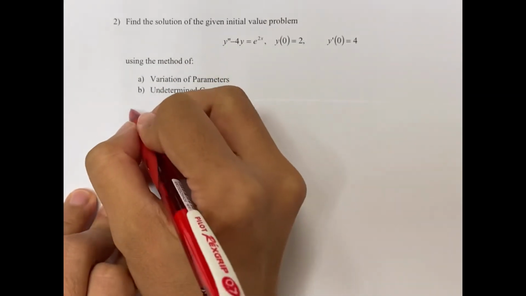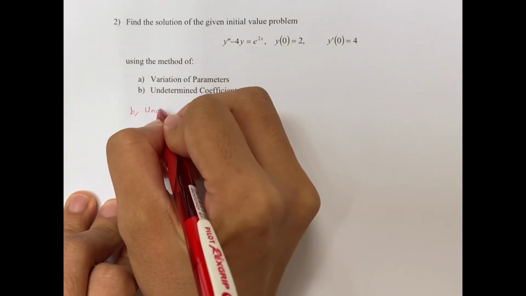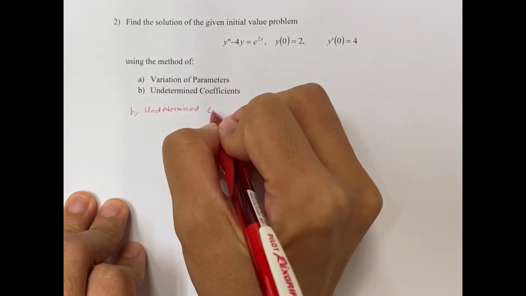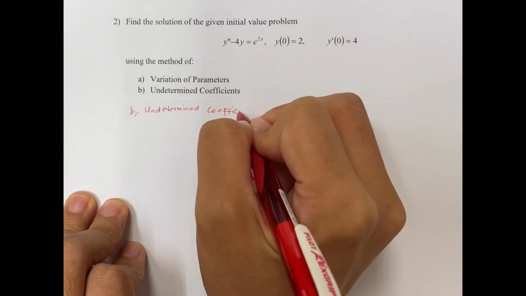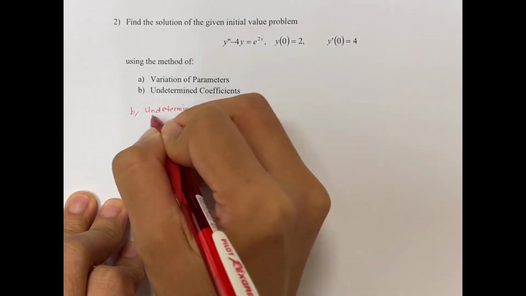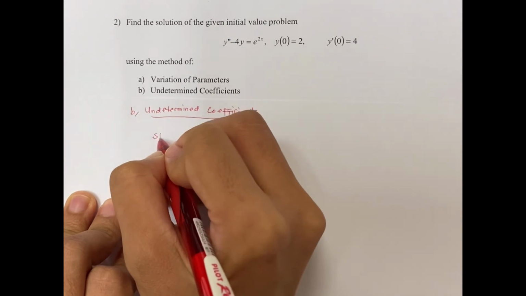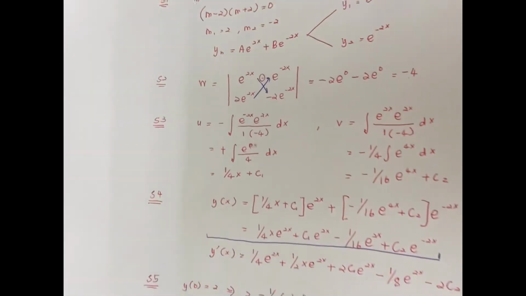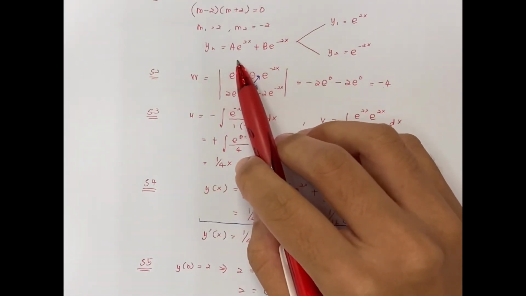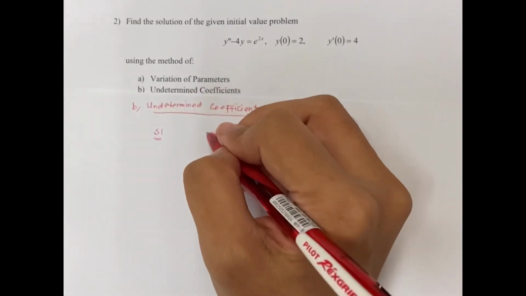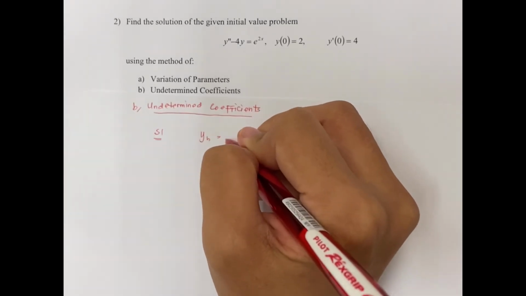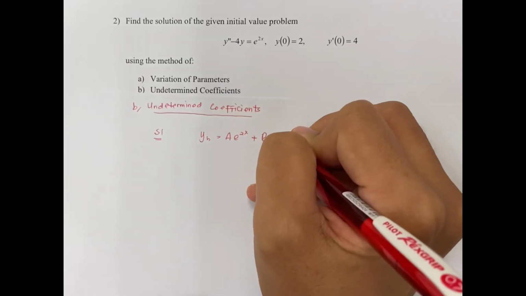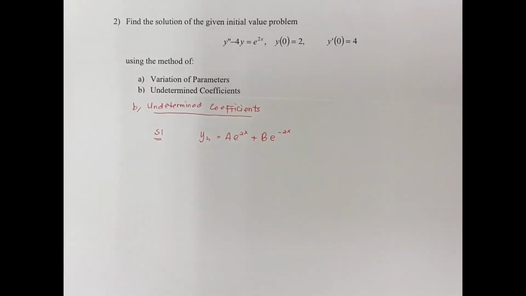Okay, now, if we solve using undetermined coefficients, the same step 1, you need to find what is yH. Since we have found this here, we just write our yH. So yH is equal to A e^(2x) plus B e^(-2x). Okay.